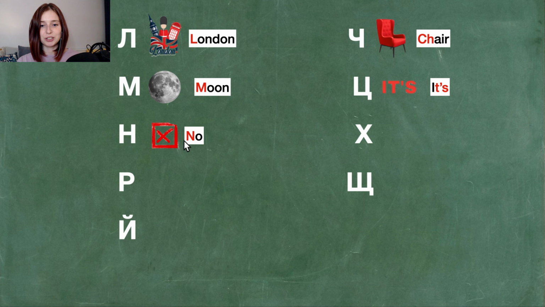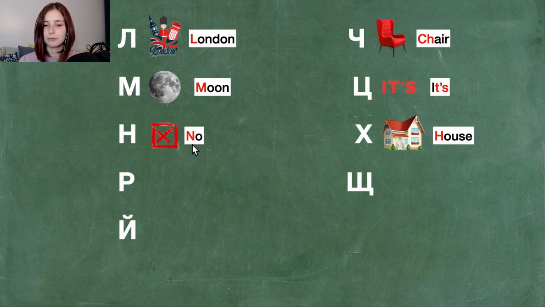This is not H, this is N, like in no. This is not X, this is H. Oh no, sorry, what am I saying? I mean, yes, it is actually H, like in house. But in English H is very soft and subtle, like house, hello, hi, how are you.